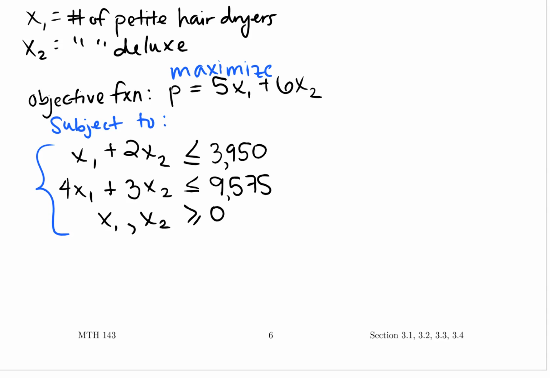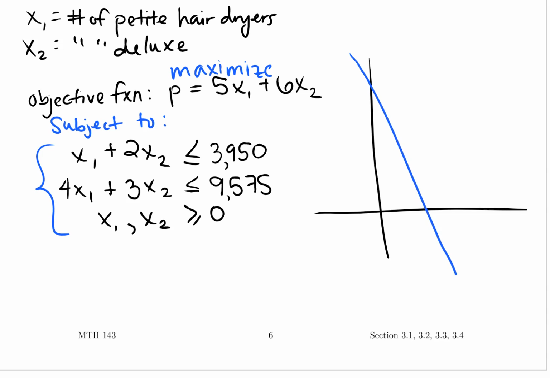I'm going to go ahead and graph the feasible region. I'm not going to go through finding all the points because we've done plenty of examples like that at this point. We should have one line that comes down kind of like this and one that's less steep, sort of like this. Now finding the corner points, that is a little bit trickier.